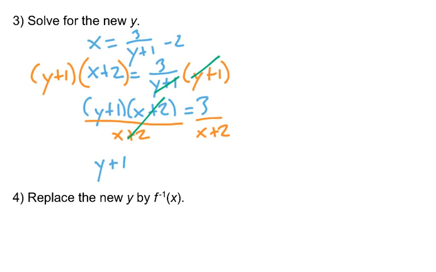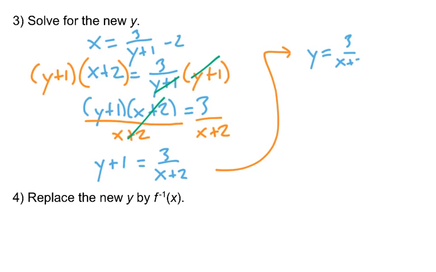The x plus 2's would divide out. Oh, and then getting the y by itself is no big deal. What we simply would do is subtract the 1. Y equals 3 over x plus 2 minus 1. And now we've got our equation solved for y.